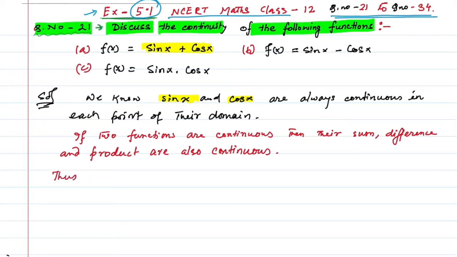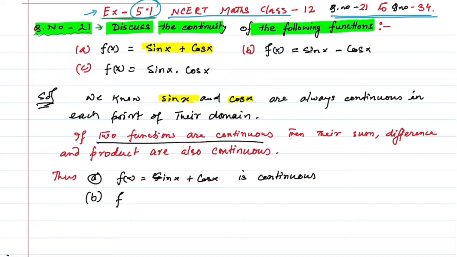Thus, here in the first function, sin x plus cos x is continuous, because we know that if two functions are continuous, their sum is also continuous.